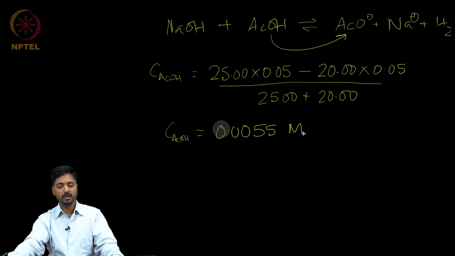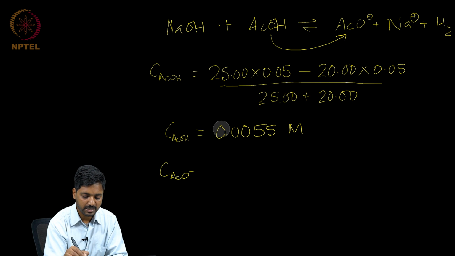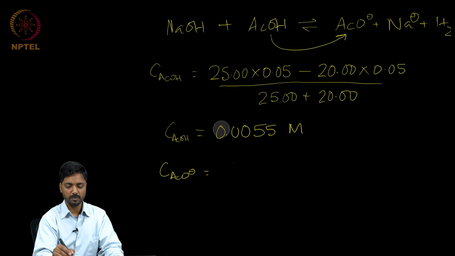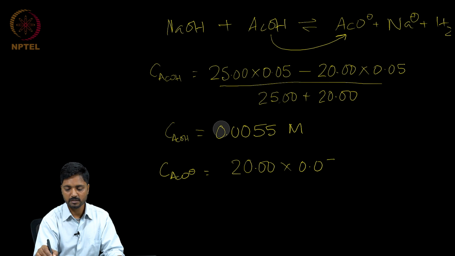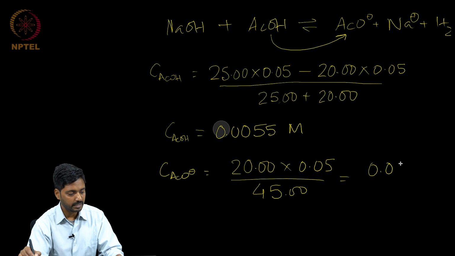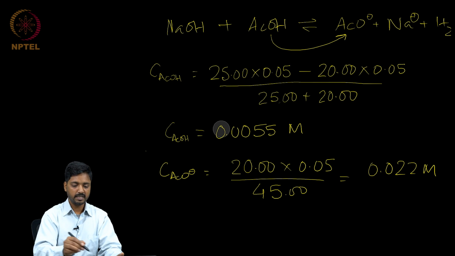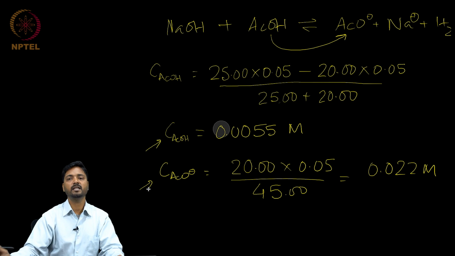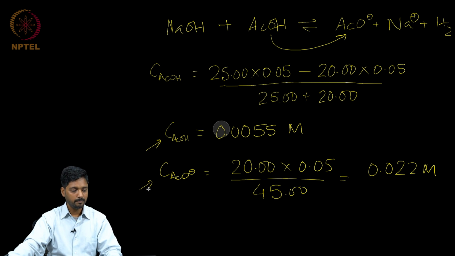From here we can also calculate the concentration of acetate anions in the medium, which will be the amount of sodium hydroxide added divided by the total volume of the medium now, and this turns out to be 0.022 molar.